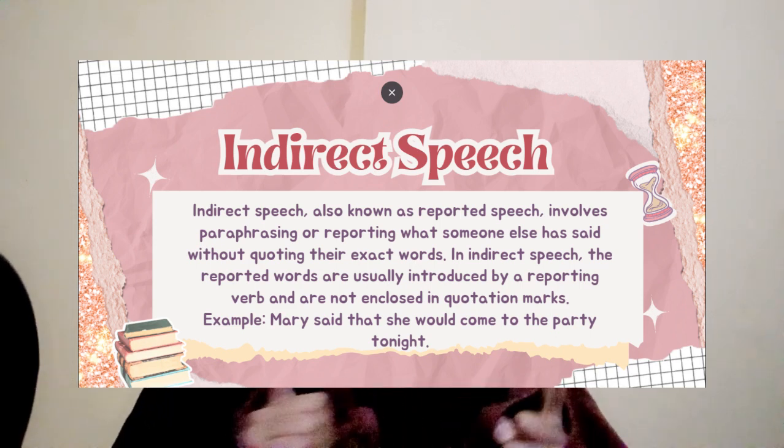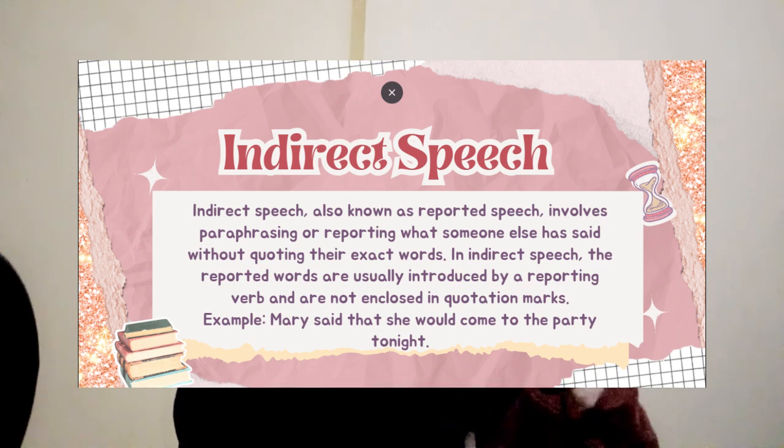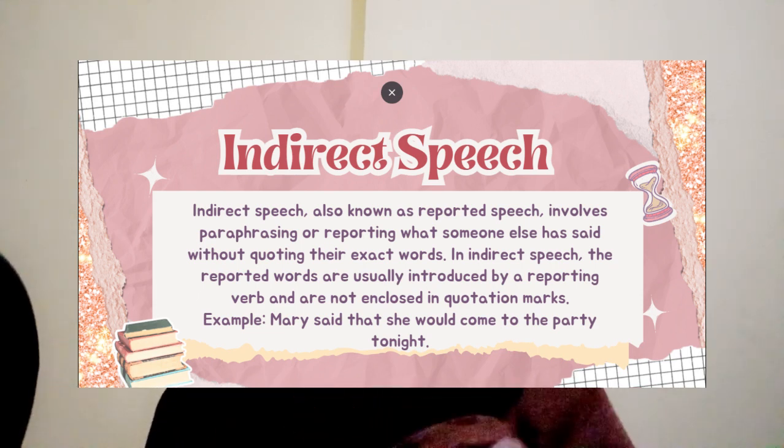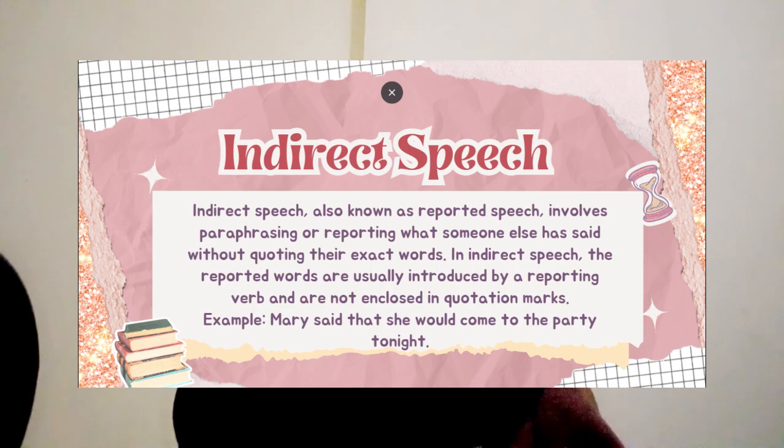So you must remember also, in indirect speech, there are no quotation marks. For example, you can see here, Mary said that she would come to the party tonight. There are no quotation marks, and said that she would come to the party tonight. It's different from direct speech.